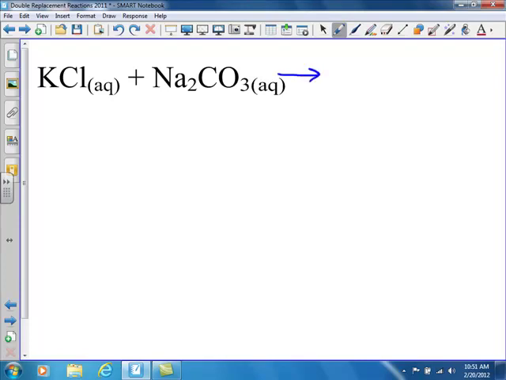So, go ahead and write down this reaction, KCl plus Na2CO3. And go ahead and write the products. And the products are K2CO3 plus NaCl.